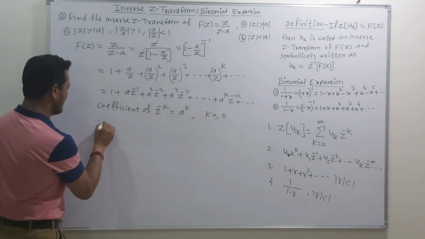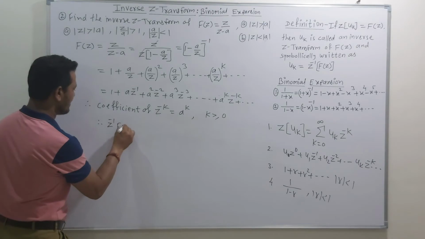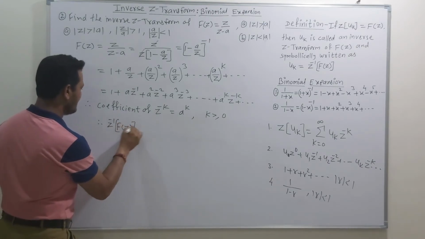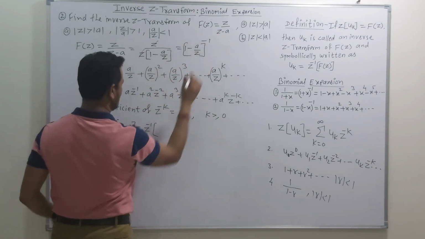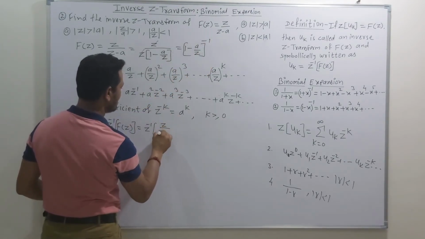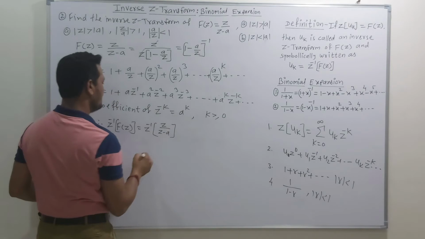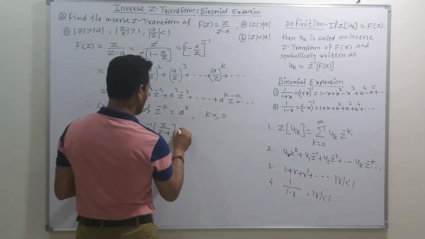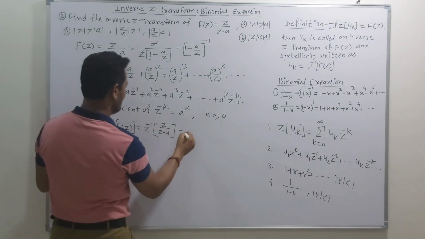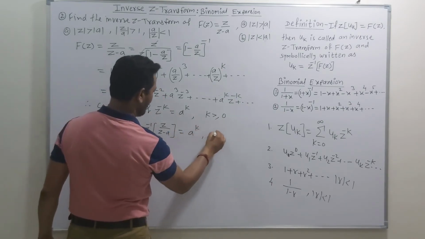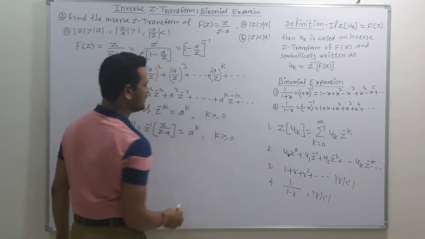Therefore the inverse z transformation of f of z, which is z upon z minus a, where mod of z is greater than a, is a raised to k for k greater than or equal to 0.